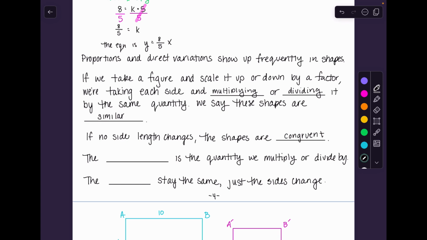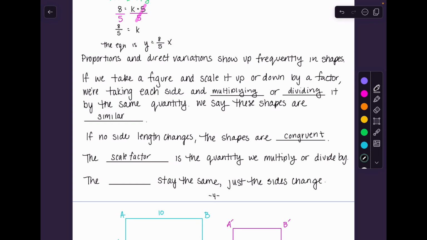So this thing that we're multiplying or dividing by is called our scale factor. It's how big we're making it, or how big we're blowing up each side by, or what we're dividing by each time. And I don't pay too much attention to the scale factor because it's always going to depend on your starting shape, what it actually is.